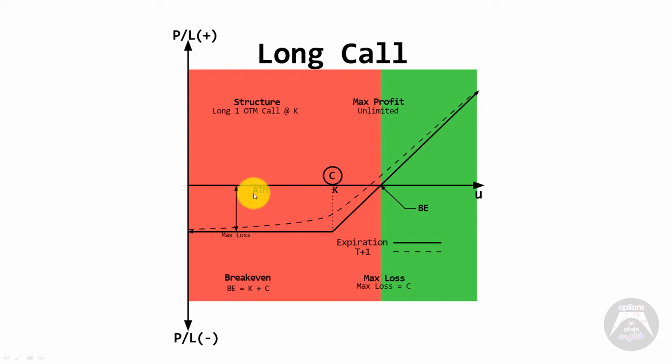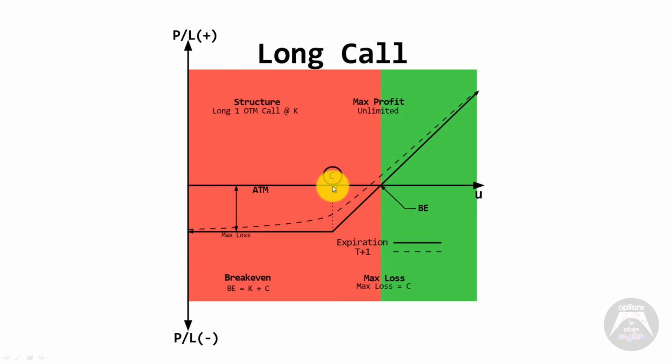Let's say the underlying is at a certain price. This is called the at the money price, which means the current price. We have the at the money price right here, and we have this circle with a C in the middle representing a call.